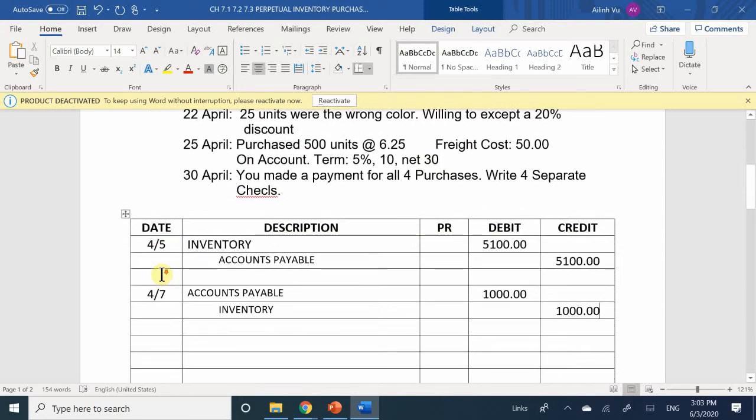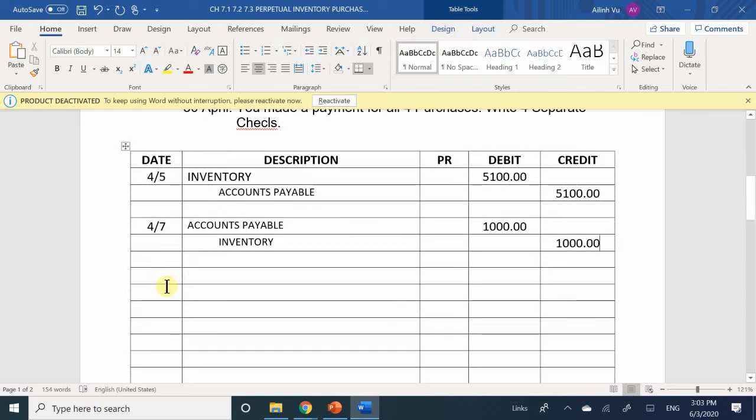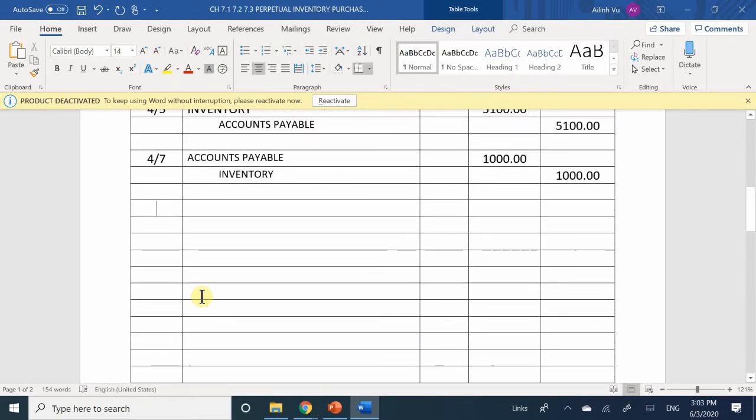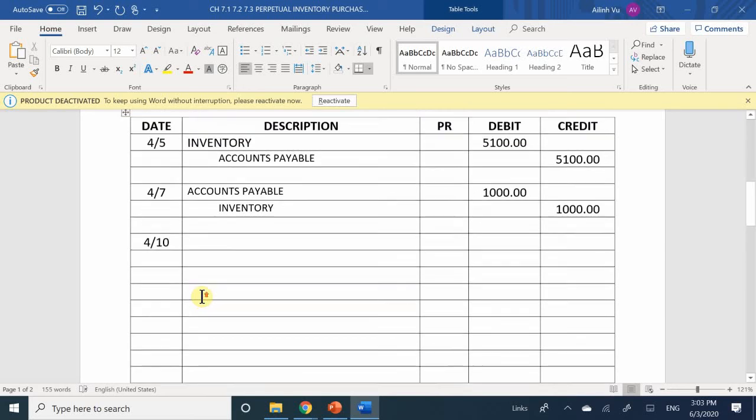So what is my journal going to look like now? Inventory, and accounts payable.